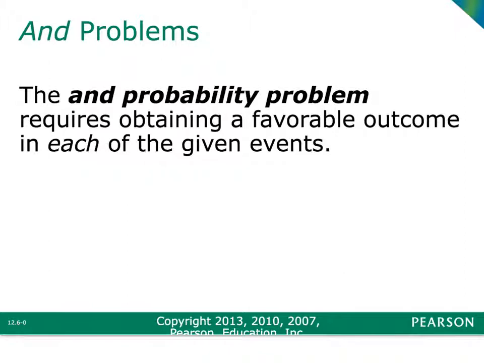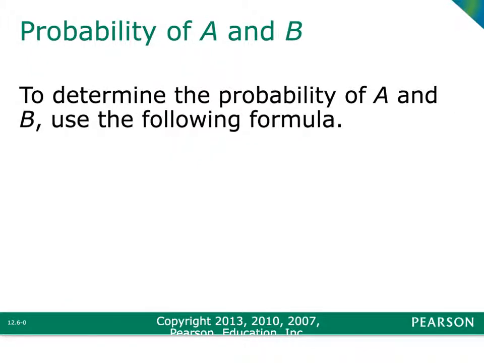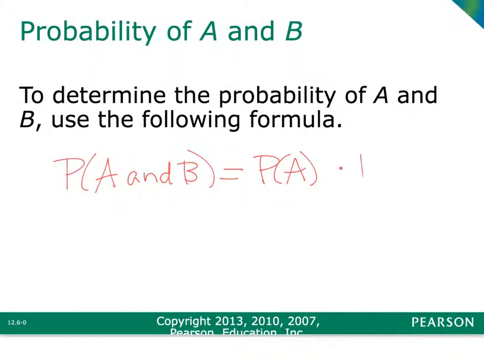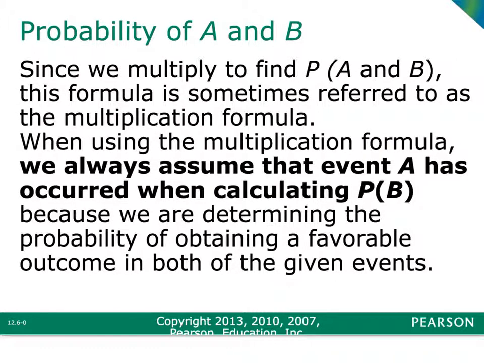The other type of problem you're going to encounter are AND problems. The AND probability problem requires obtaining a favorable outcome in each of the given events. To determine the probability of A and B, you need to find the probability of A times the probability of B. Since we multiply to find the probability of A and B, this formula is sometimes referred to as the multiplication formula.